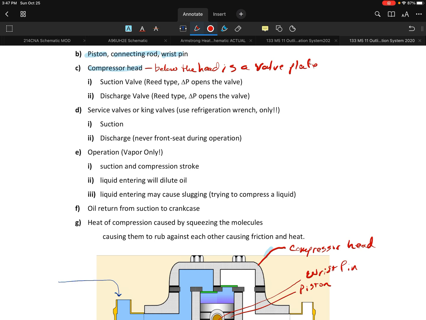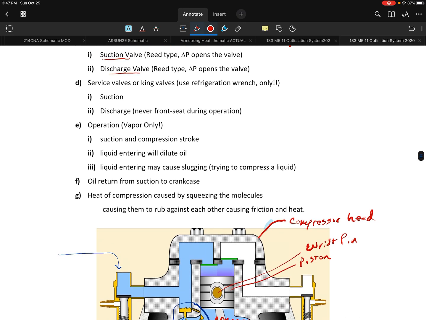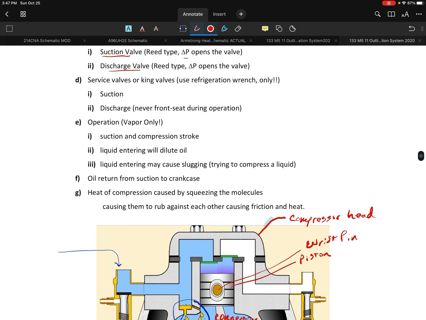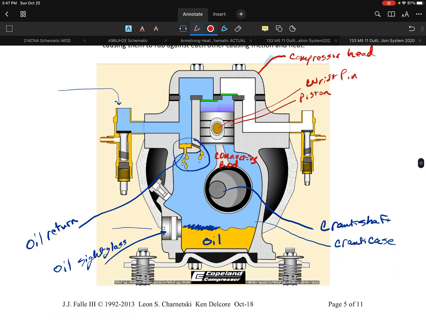Now the valve plate is where the suction valves and the discharge valves are going to be held. So we'll take a look at those. In the PowerPoint we looked at a reed valve and how the delta P is what opened that valve. That's really important to understand.